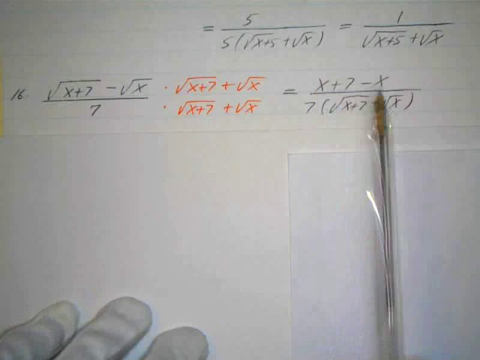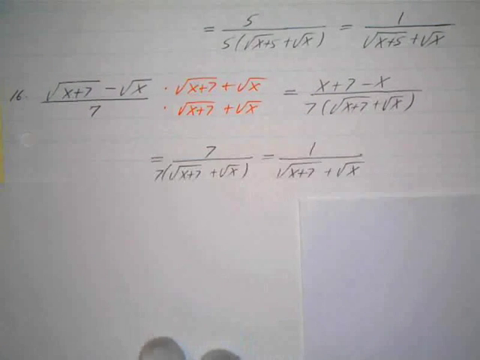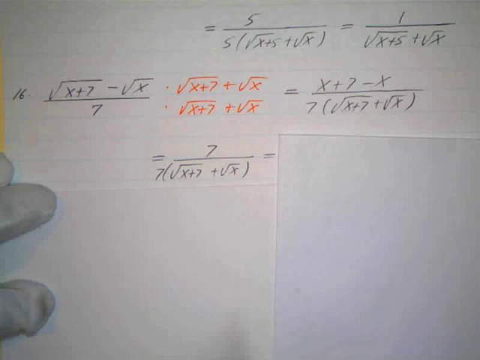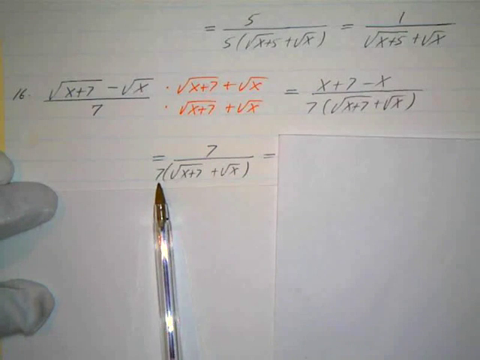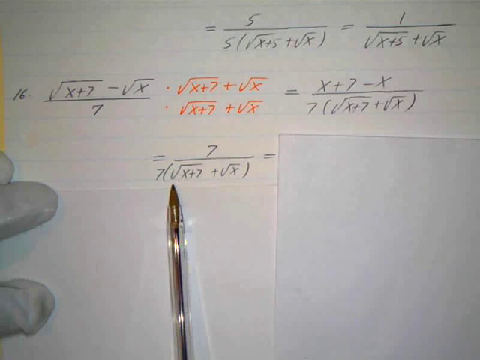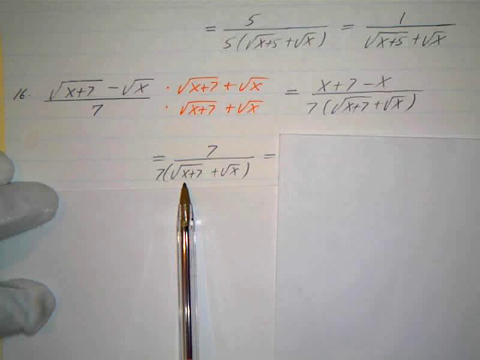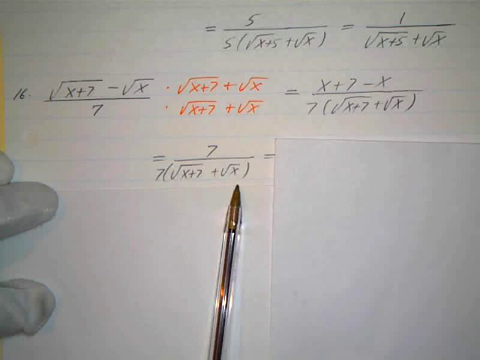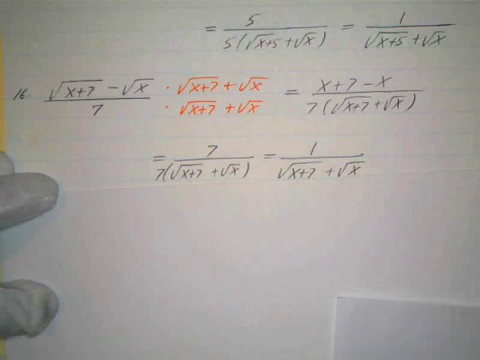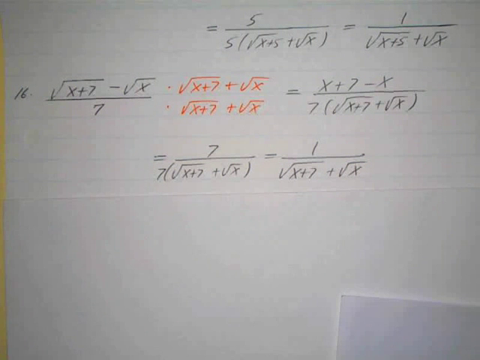And again, the x's cancel, so I've got 7 over 7 times the conjugate in reality. The 7's cancel, so I just have 1 over the square root of x plus 7 plus the square root of x. So again, not too difficult.